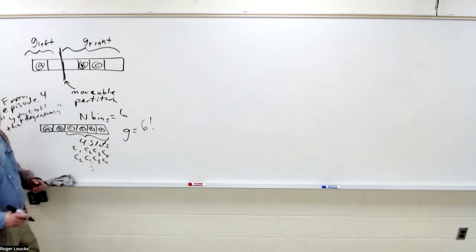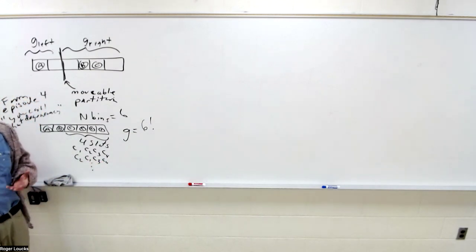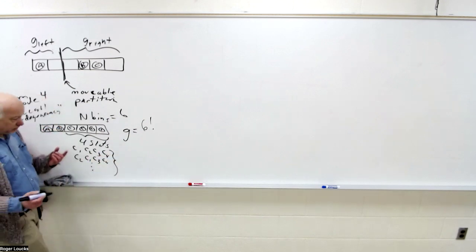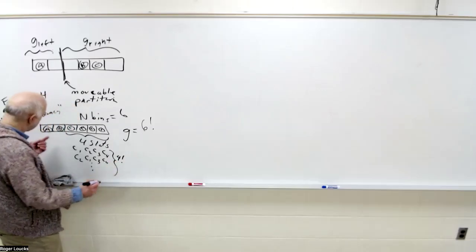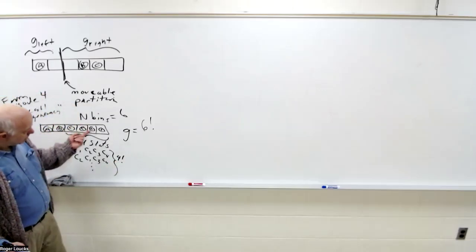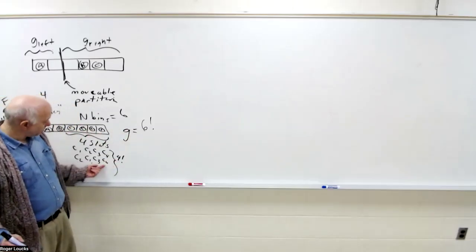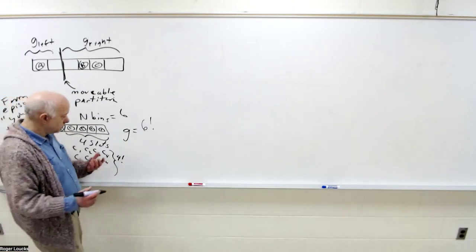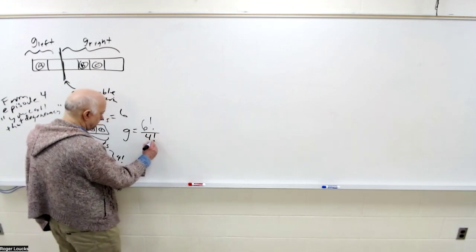I could have all these combinations, and they all look the same. That would be 4 factorial. So for any arrangement here, it is going to be overcounted by 4 factorial. To fix it, we took 6 factorial and divided by the 4 factorial.